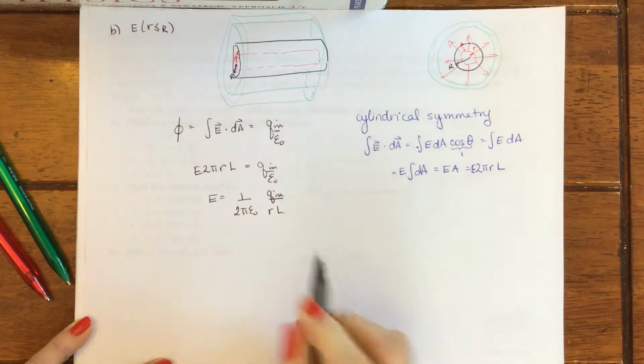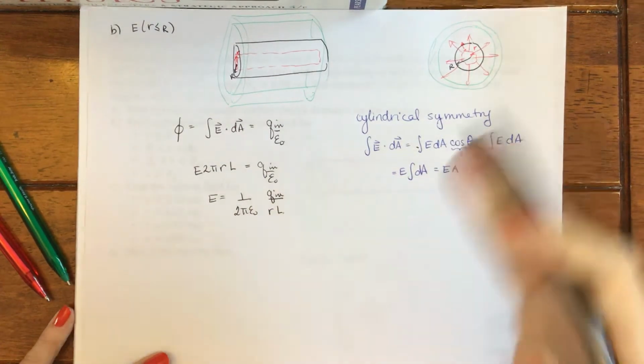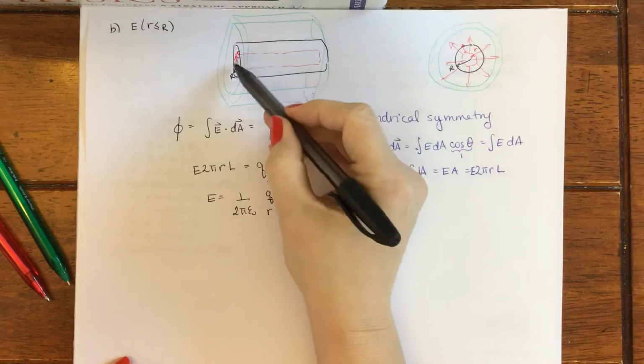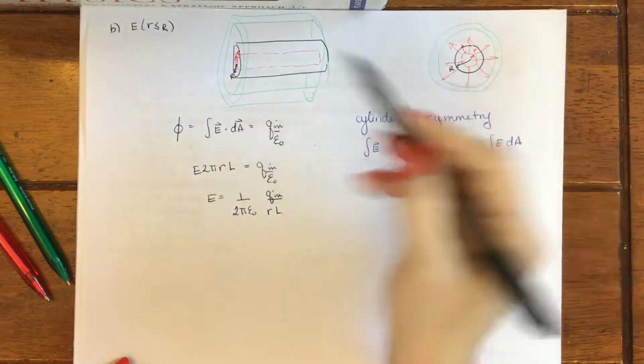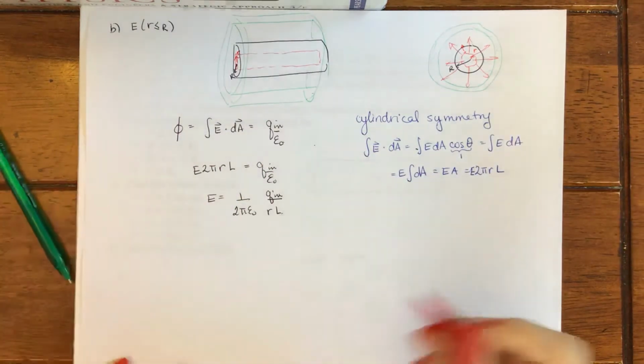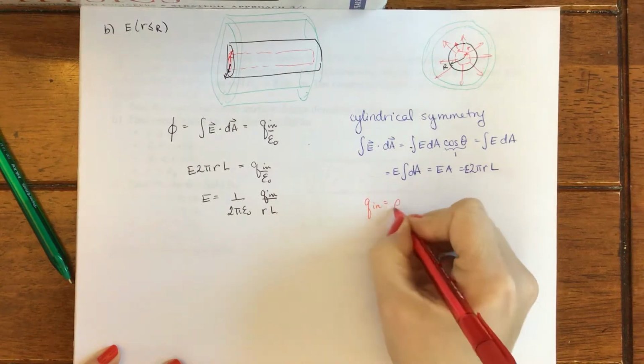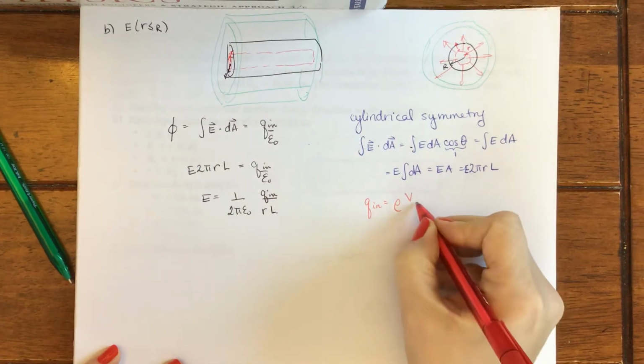Okay, now we can use this result in the rest of the problem as well. If we want to find our electric field, the question is how much charge is inside that Gaussian surface? The amount of charge inside is going to be the charge density times the volume of the Gaussian surface.